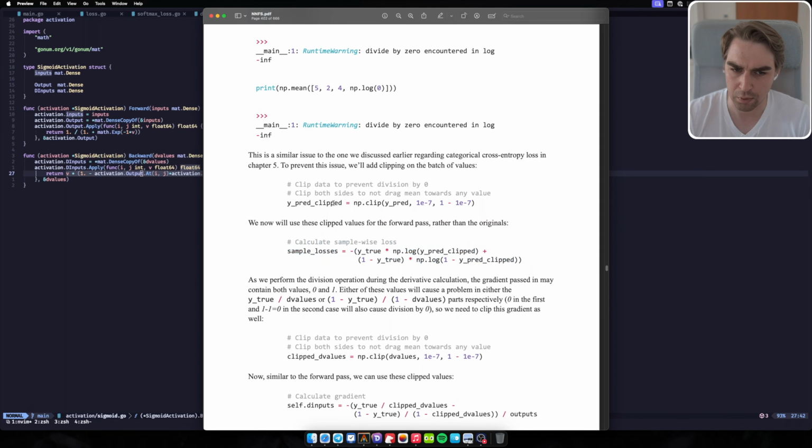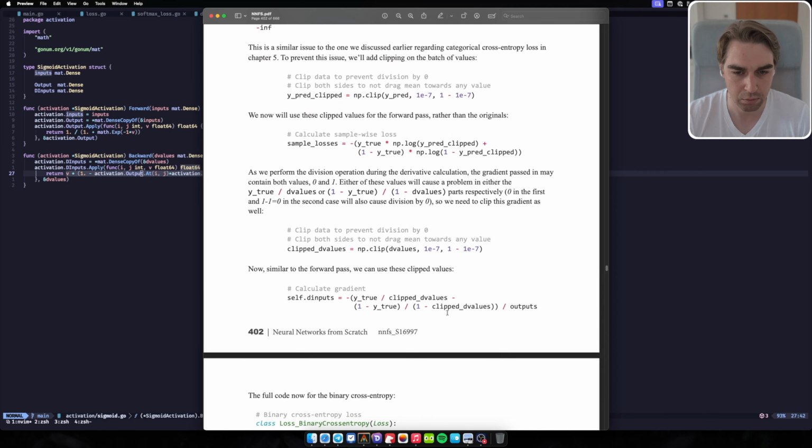That's the same as we had in the categorical cross entropy. As we perform the division operation during the derivative calculation, the gradient passed in may contain both values 0 and 1. Either of these values will cause a problem in either this one or this one, respectively. So we need to clip this gradient as well.